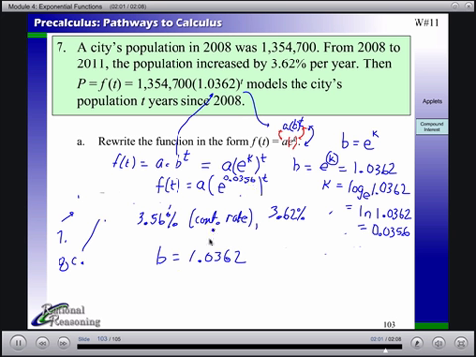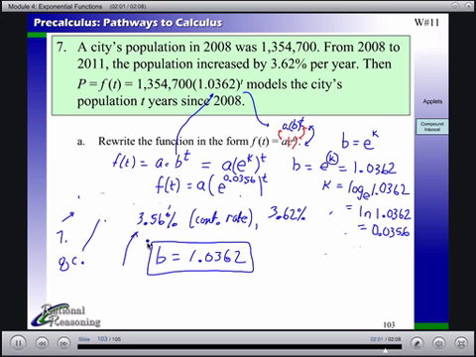In the a b to the t form, you have the actual growth factor, which is the multiplier for every year to get you the next year's population. So they're very much apples and oranges, this k value and this b value. So you have to really keep that straight. What are the meanings of those? So that's your actual multiplier, your actual growth factor.